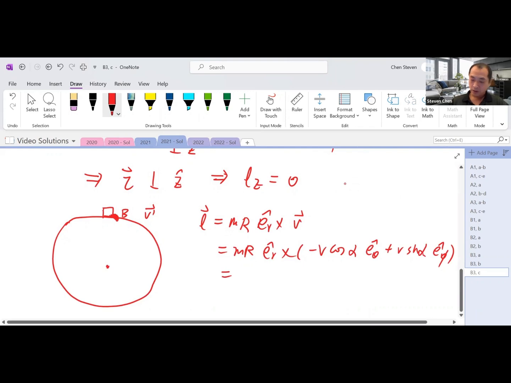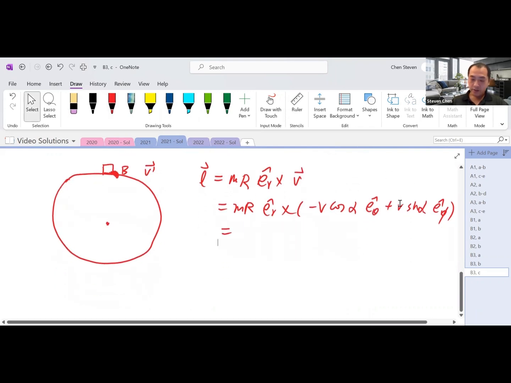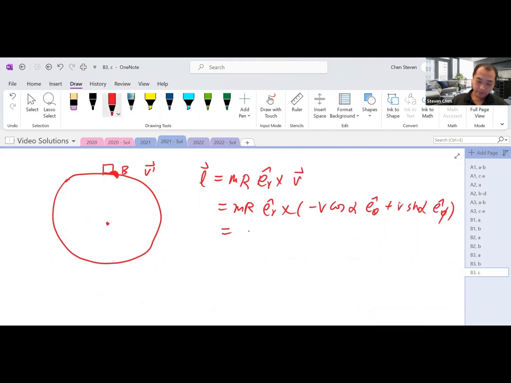For the first term, ER cross product E theta is equal to E phi. For the second term, ER cross product E phi is equal to the negative of E theta.